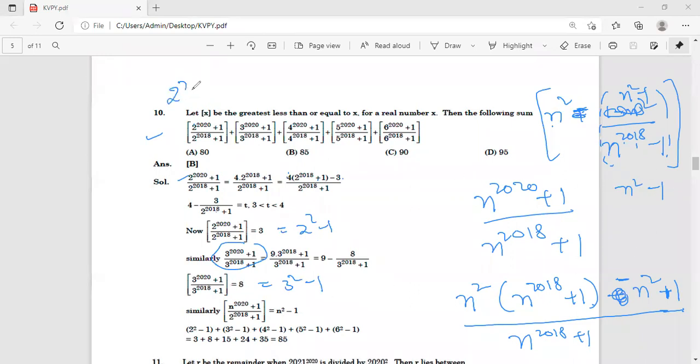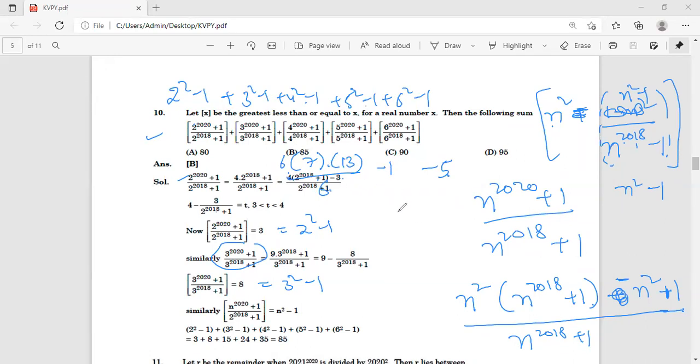So you get 2 square minus 1 plus 3 square minus 1 plus 4 square minus 1 plus 5 square minus 1 plus 6 square minus 1. You can find the sum 1, 2, 3, 4, 5, subtract 5 and sigma n square, n into n plus 1 into 2n plus 1 by 6, and 1 square is missing, so minus 1.